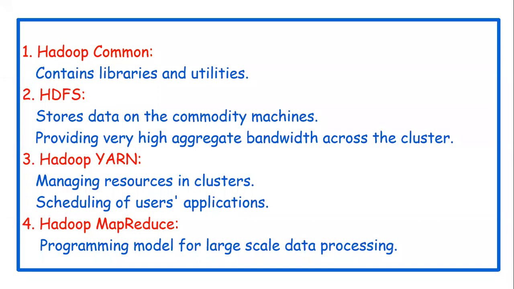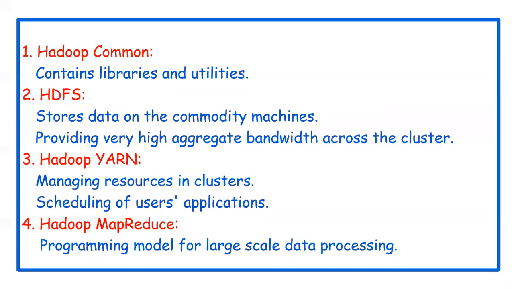Whenever you want to form a cluster, you just go and take the machines. A machine is nothing but a host, a data node. And then HDFS is ready to store any kind of data, any amount of data.